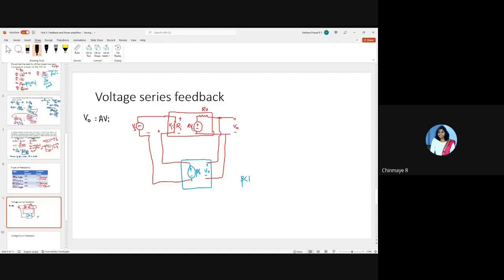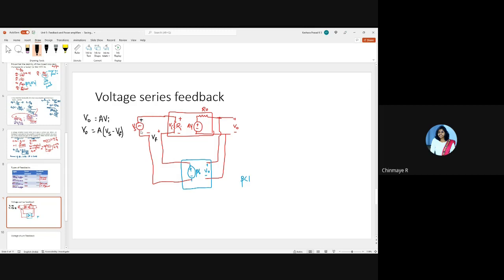So I can express this as A times (Vs minus Vf). Basically, Vf is the feedback voltage.